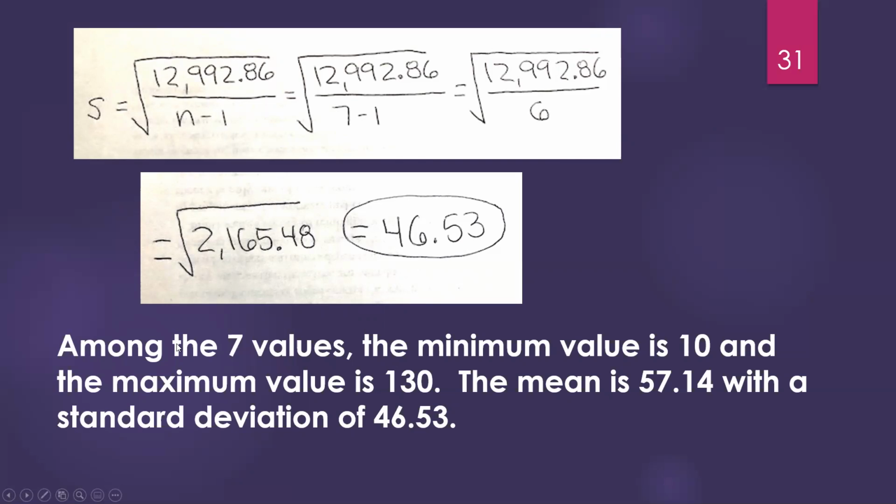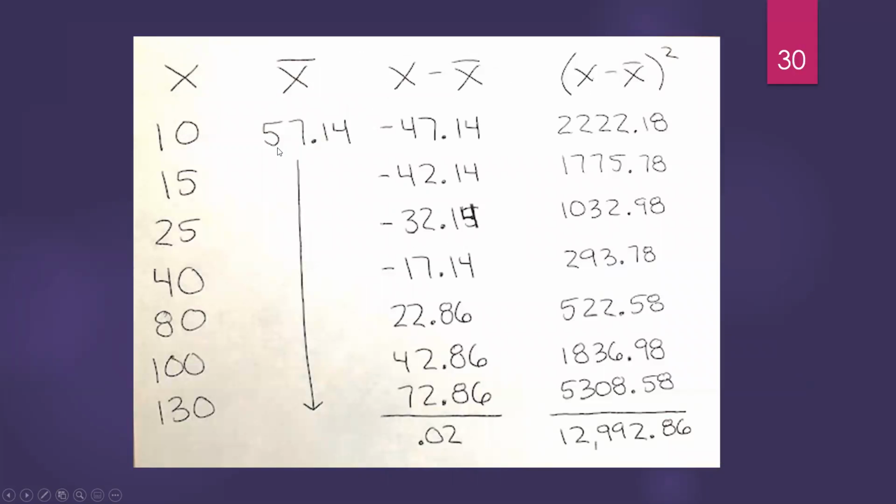So here we write: among the 7 values, the minimum value is 10, and the maximum value is 130. If you wanted to add at the end of the sentence, comma, with a range of 120, you could do that. Then the second sentence is: the mean is 57.14. The good thing with doing standard deviation is that we calculate the mean as part of doing the problem.